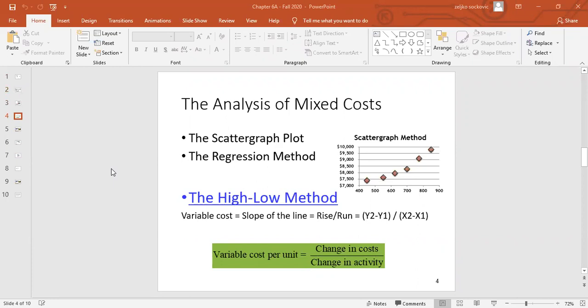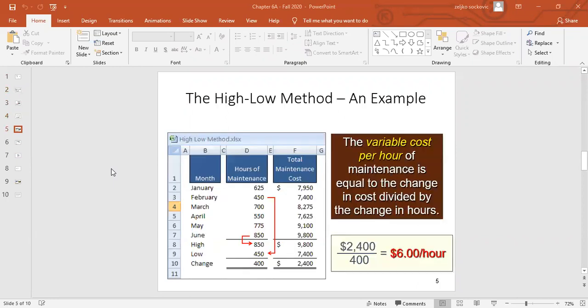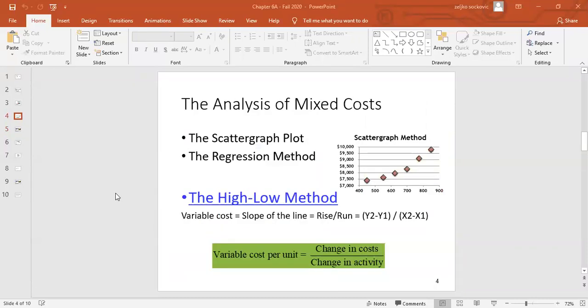With the high-low method you find 2 points. That's the slope of the line, rise over run. You don't need to memorize rise over run. You will memorize it as change in costs divided by change in activity to find variable cost per unit.